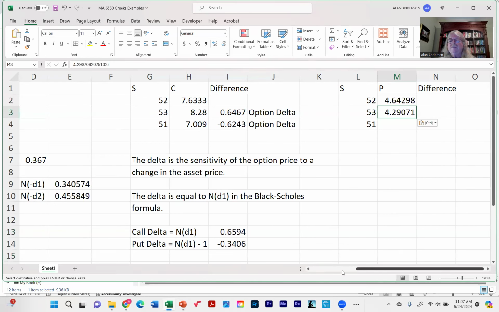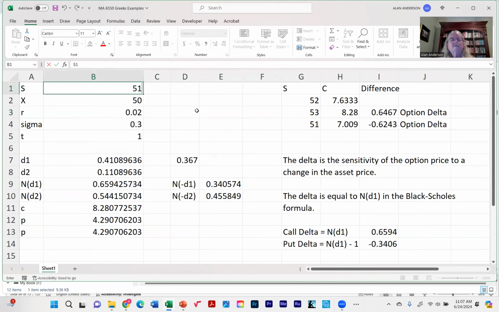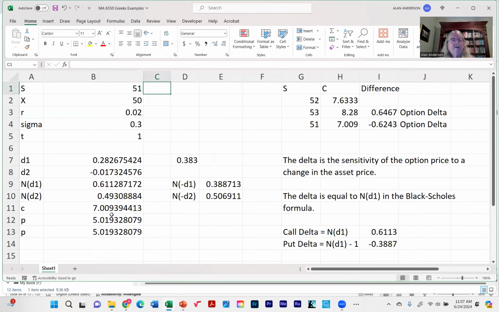And then I'll let the price drop to 51. And we end up with about 5.01, 9 something.